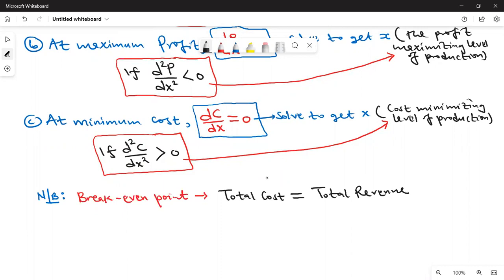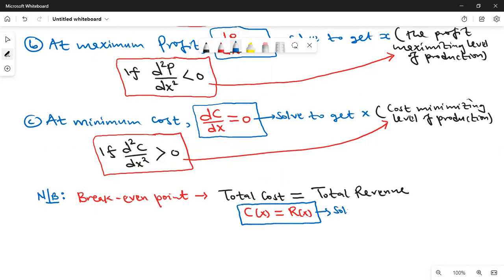So it is the value of X that will satisfy that equation. So we are saying C of X is equal to R of X. This will be an equation that you need to solve to get X. That X that you're getting is what you're calling the break-even point.